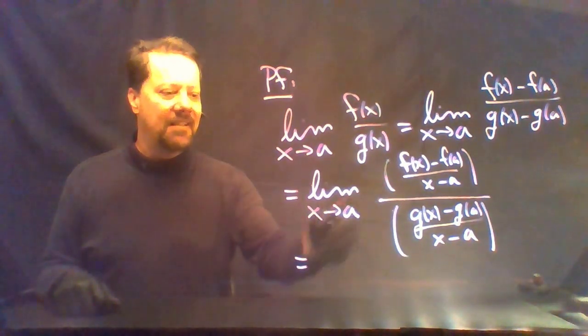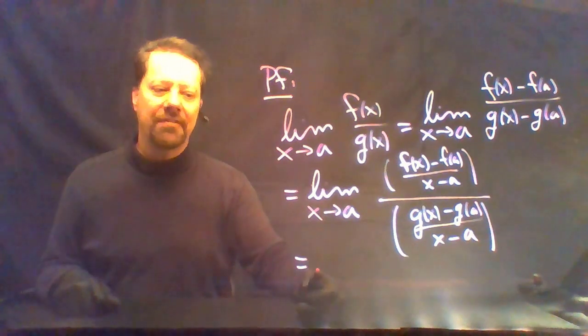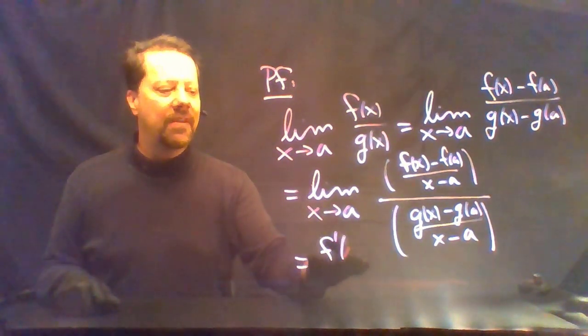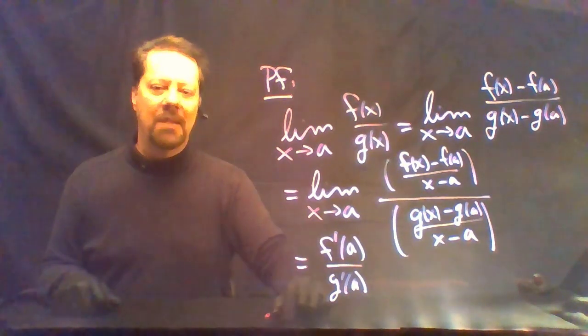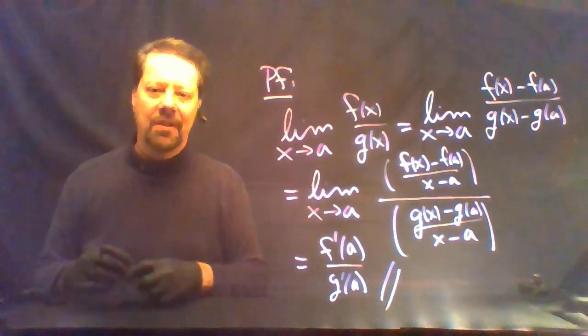You can see then, because both f and g are differentiable, that you're going to get f prime of a over g prime of a, and we'll call that the end of the proof. There are more general versions of this theorem. The price you pay for those more general theorems is a more complicated proof. Let's do an example.